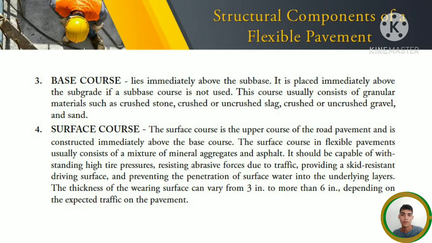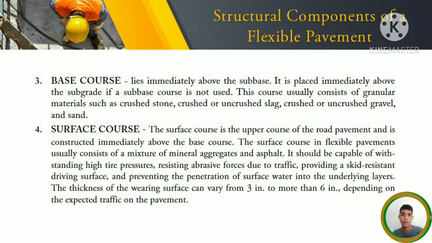The last one is the surface course. The surface course is the upper course of the road pavement and is constructed immediately above the base course. The surface course in flexible pavements usually consists of a mixture of mineral aggregates and asphalts.